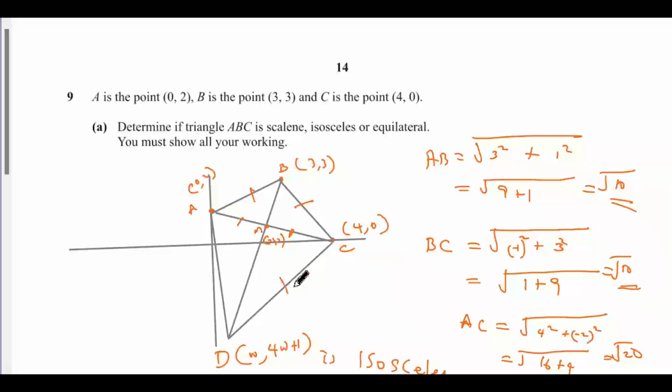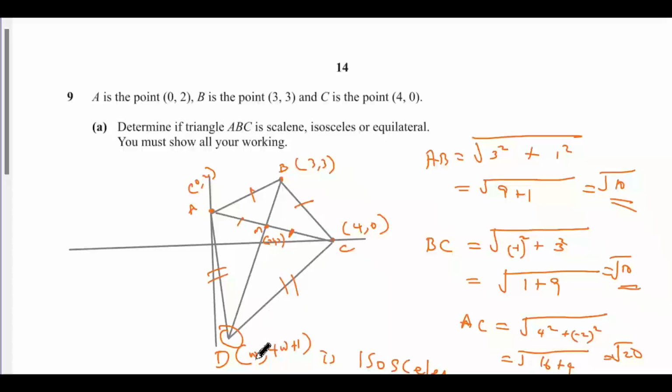Okay, so of course side DC and side DA must be equal. Now we already know the equation of the perpendicular bisector, which is this BD, and it passes through this point. We know the coordinates to be w and then 4w plus 1.